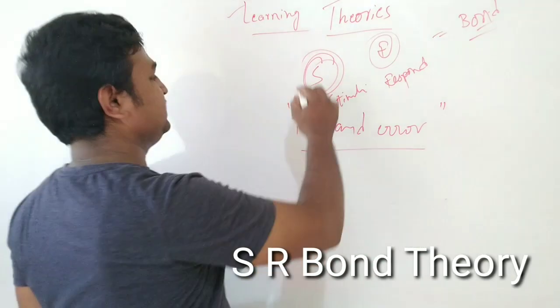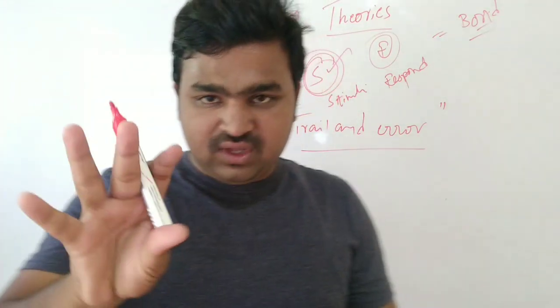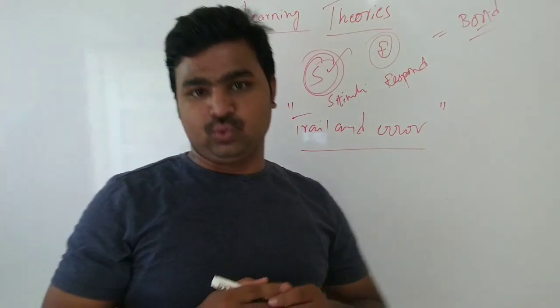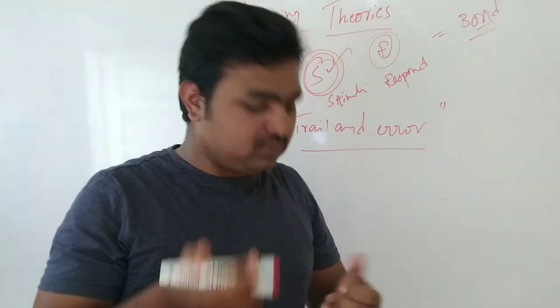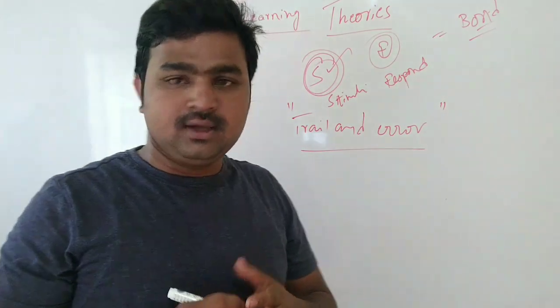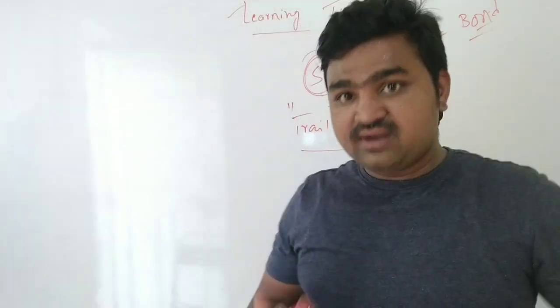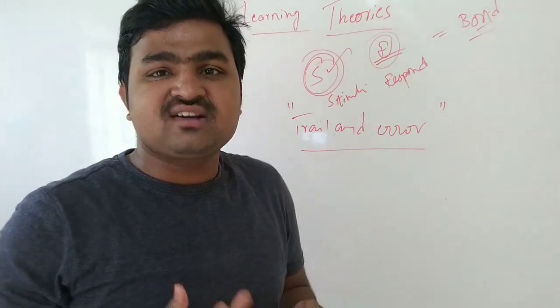So what is S? This is stimuli. Stimuli means something that provokes us to do something, something that triggers us or evokes us to complete an action. Response is how we respond when something stimulates, triggers or attracts us.